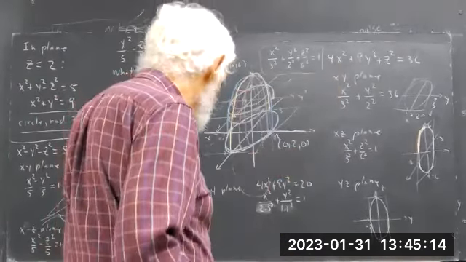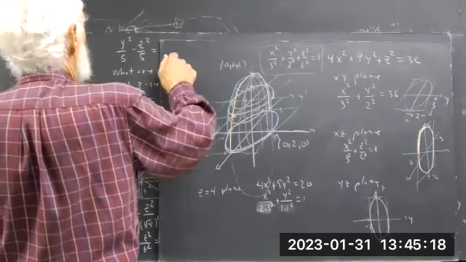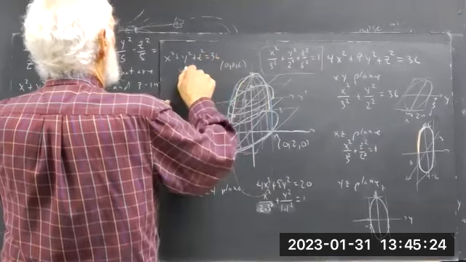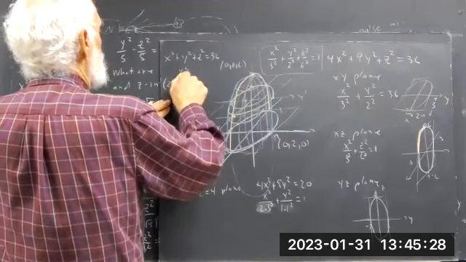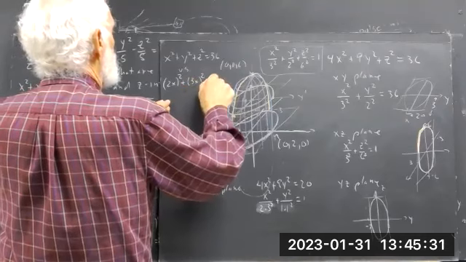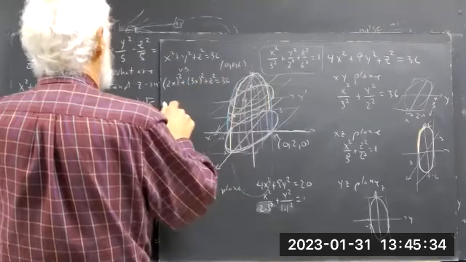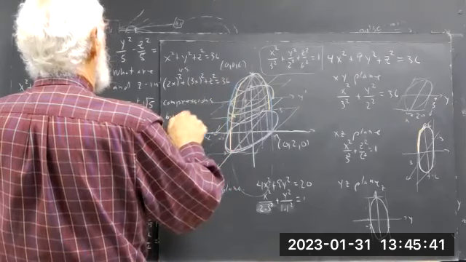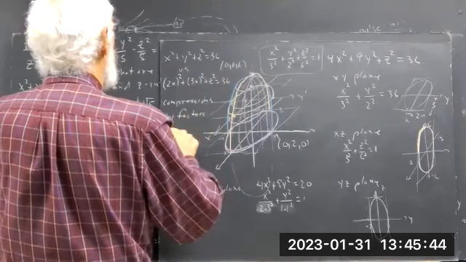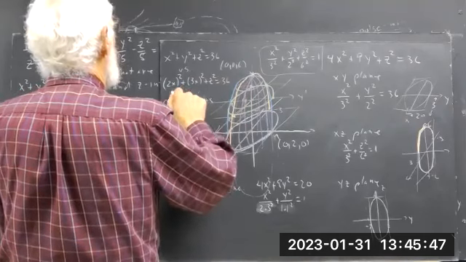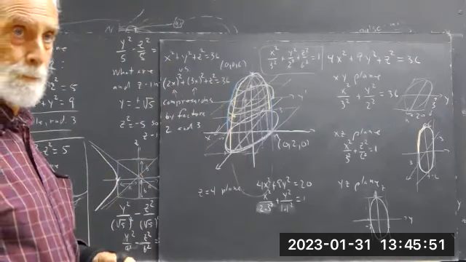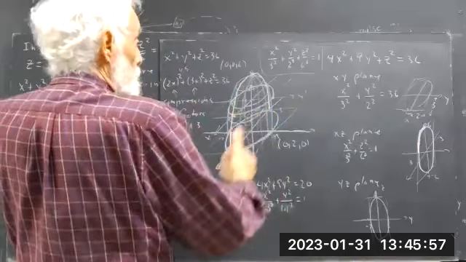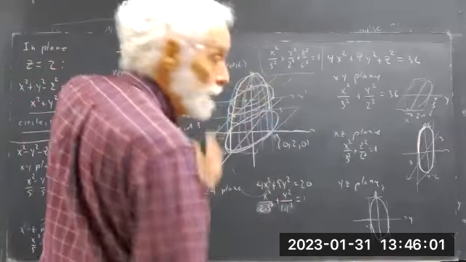So you can see this as the sphere compressed by a factor of 3 this way, and a factor of 2 this way, and no compression in the z direction.